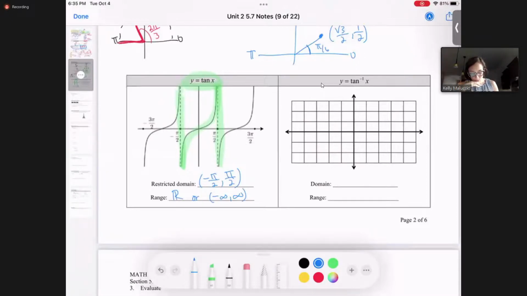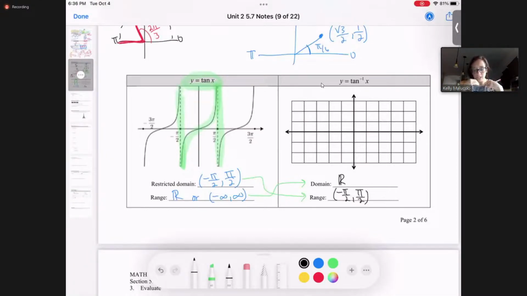And so now, fun twist here, we change our domain. The domain becomes the old range, and the range comes from our domain. So now we swap these, and we have real numbers here, -pi/2 to pi/2 for the range.